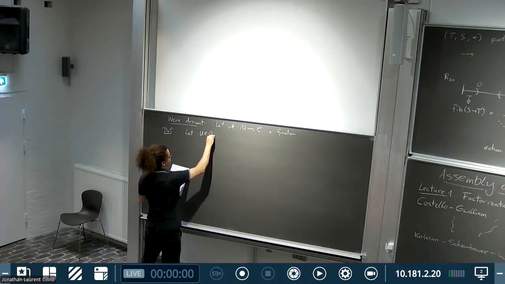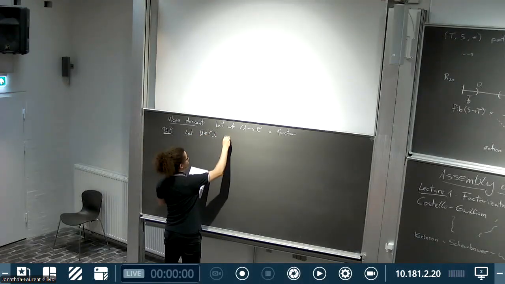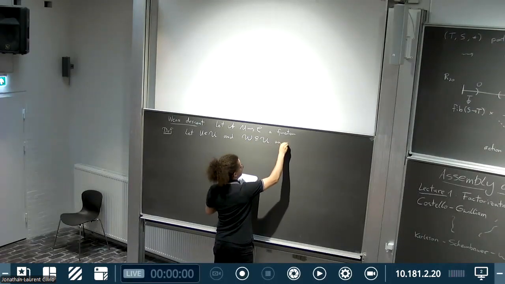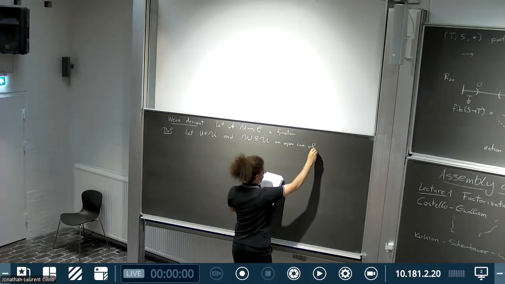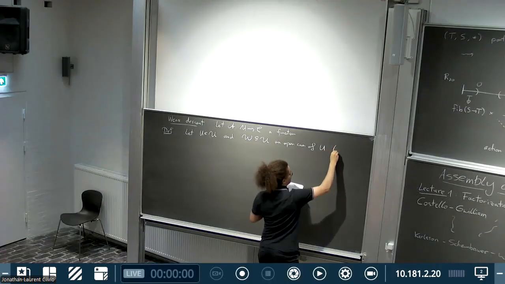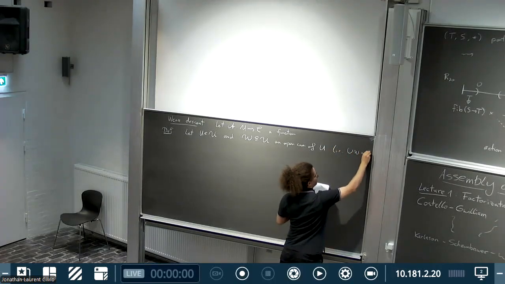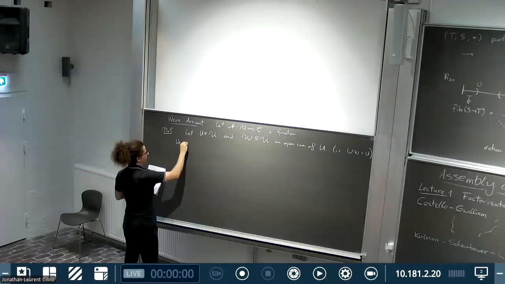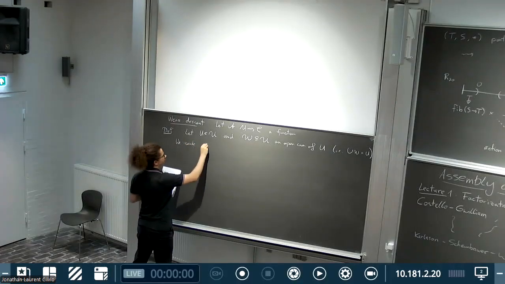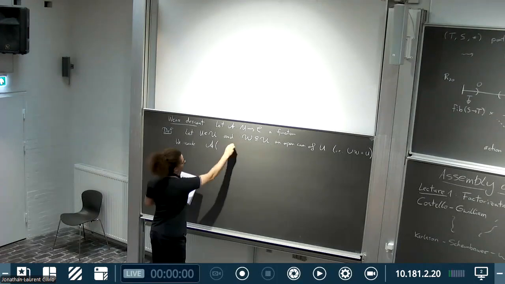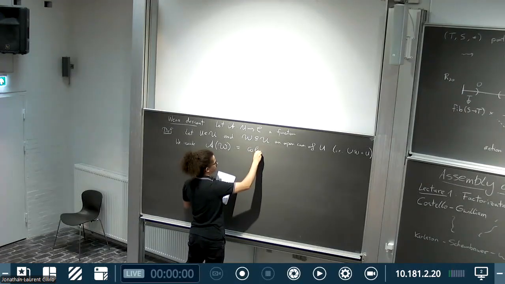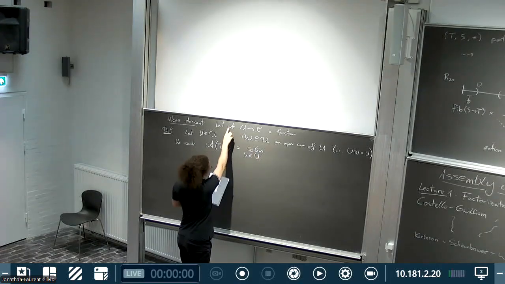So let's say we have an open U in our collection, and let's say we have a sub-collection W of U, which is an open cover of U. So i.e., if I take the union of all the things in W, I get exactly U. Then we can evaluate A at this cover, and we define this to be the colimit over all V that live in U. Everything needs to live in U because that's where A is defined.